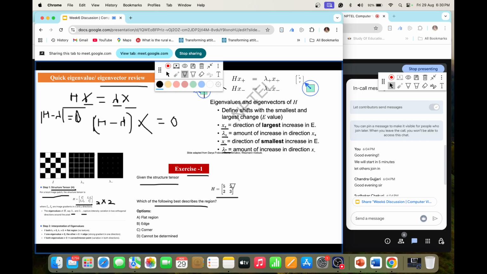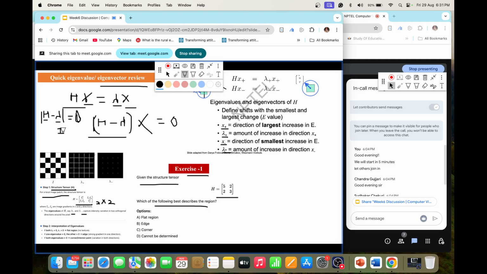First we will find the eigenvalues related to H. H minus lambda I. H is a matrix and lambda is a scalar, so we cannot subtract a scalar from a matrix. That is why we multiply it by I. So the determinant of H minus lambda I will be equal to 0.